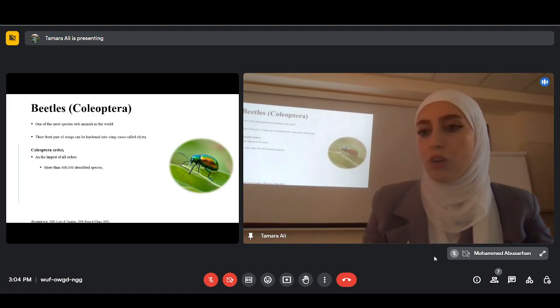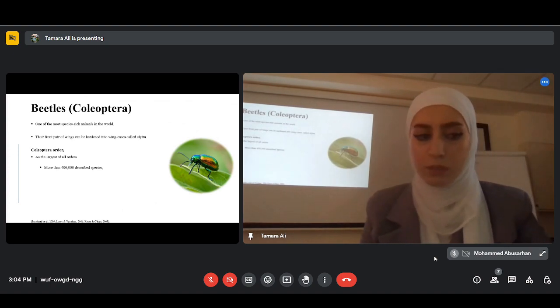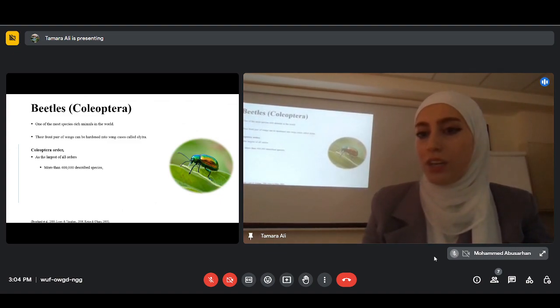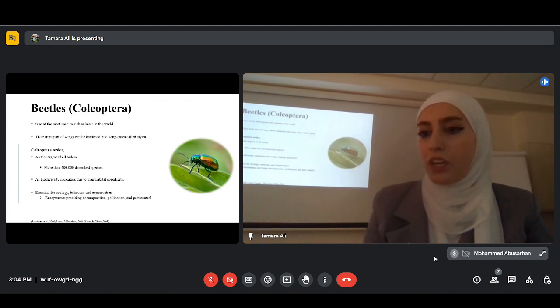As the largest of all orders, Coleoptera has more than 400,000 described species, and also serves as a biodiversity indicator due to their habitat specificity.